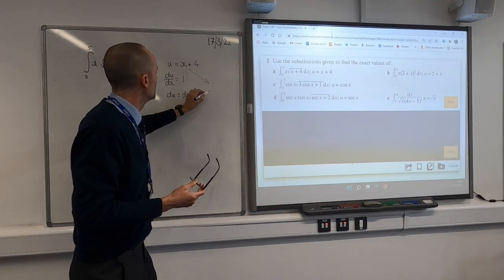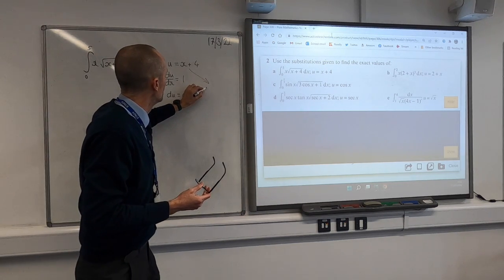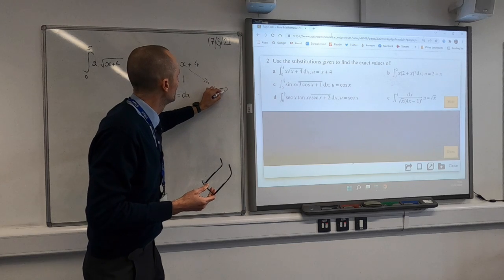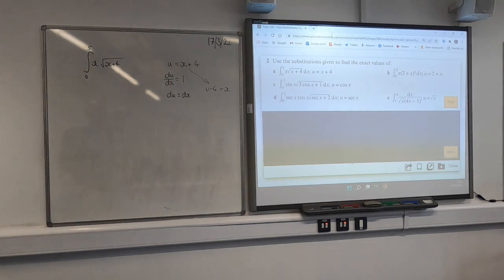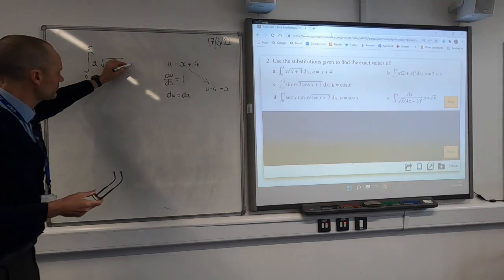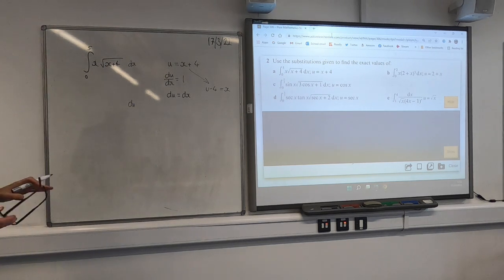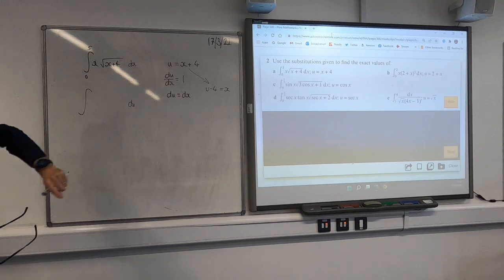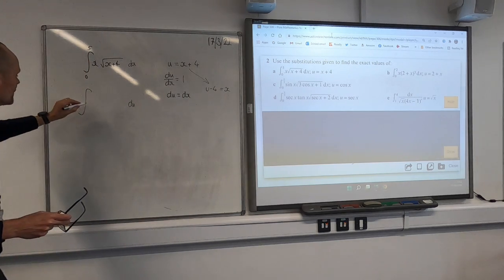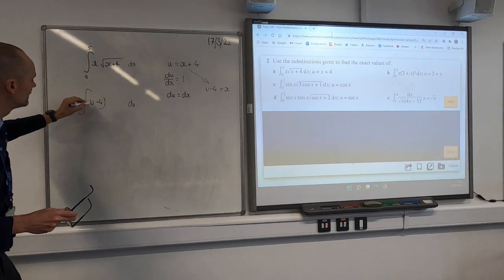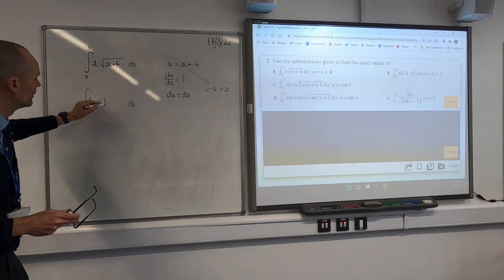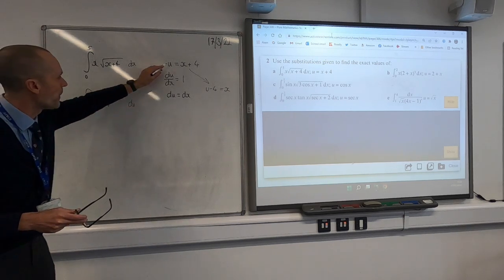If I rearrange this I get that u minus 4 is equal to x. So dx gets replaced by du. Always do that bit first in case that allows you to cancel everything else out. x is u minus 4, and then it's multiplied by the square root of u.